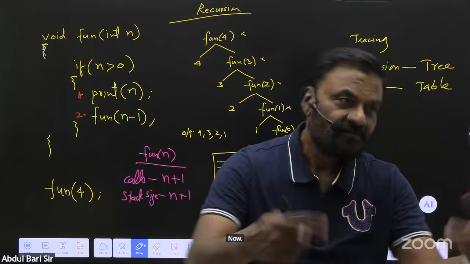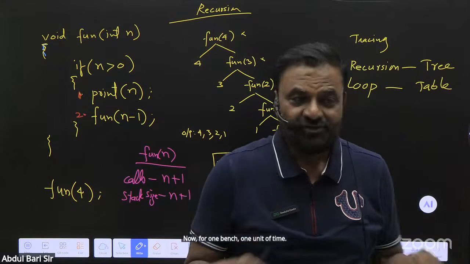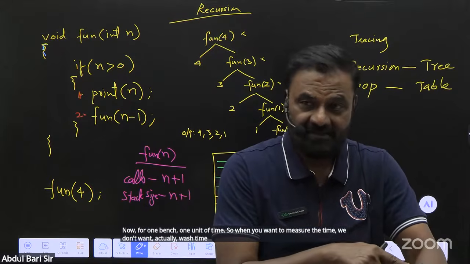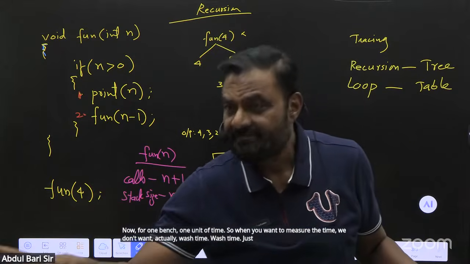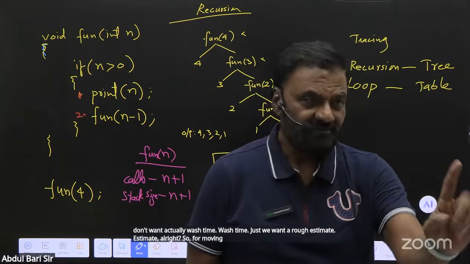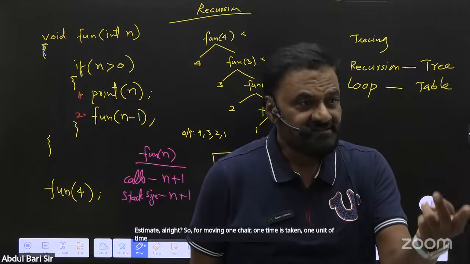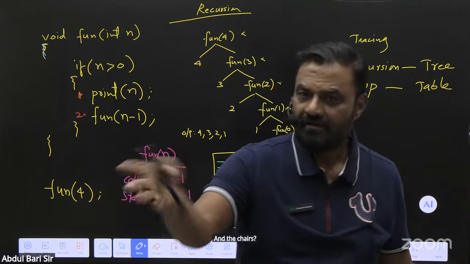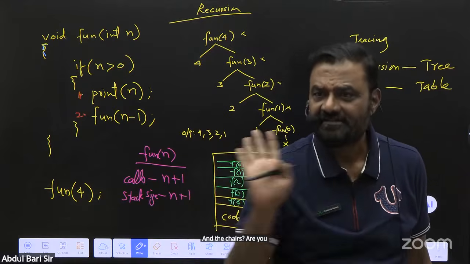Now for one bench, 1 unit of time. We just want the rough estimate. So for moving one chair, 1 unit of time is taken. 2 chairs, and so on. Are you getting me? This is how we measure the time.